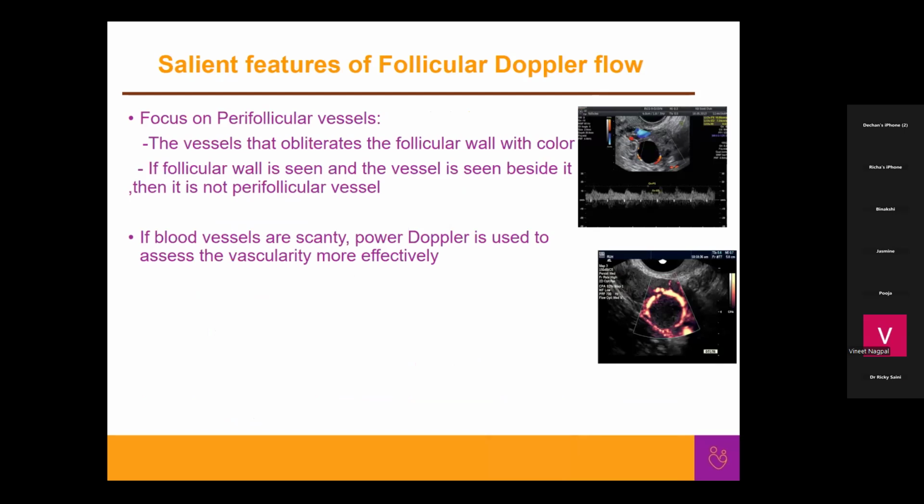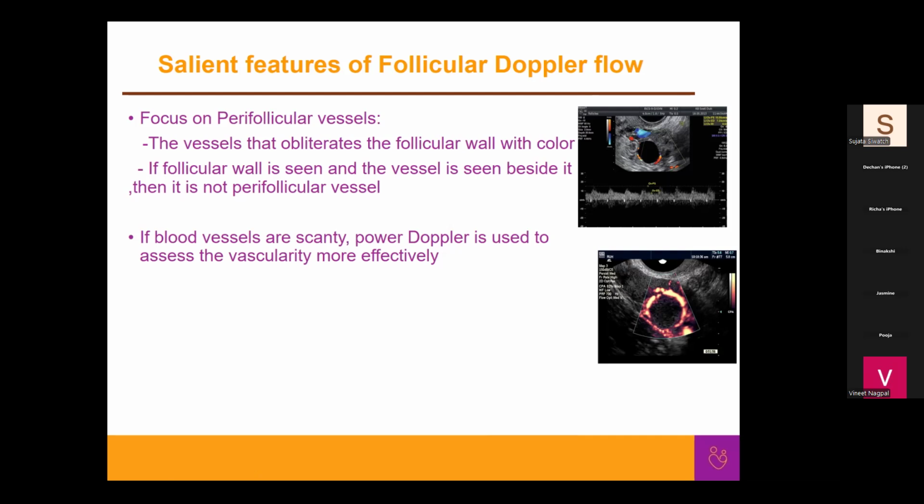Then a little more detail about the follicular Doppler flow. How to measure follicular flow? First we have to focus on perifollicular vessels. As we can see in this picture, this is the follicle. We have to localize these perifollicular vessels. So what are the perifollicular vessels? Perifollicular vessels are the vessels that obliterate the follicular wall with color.